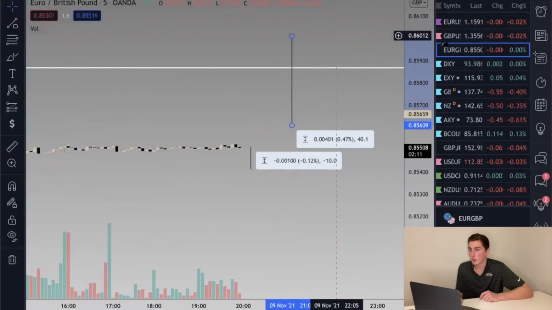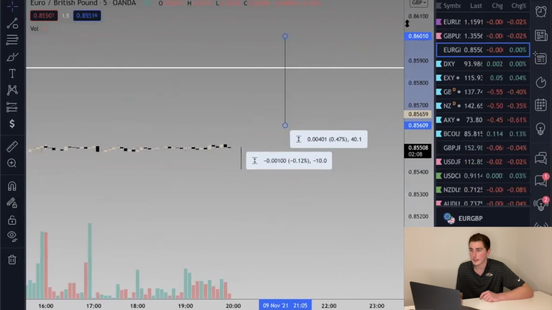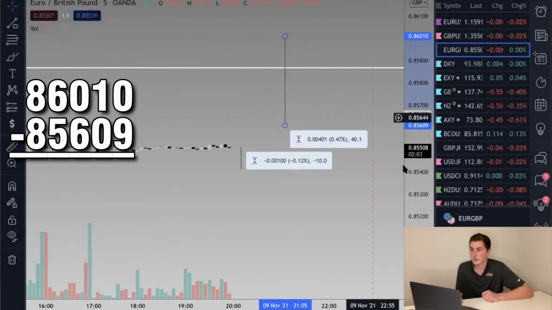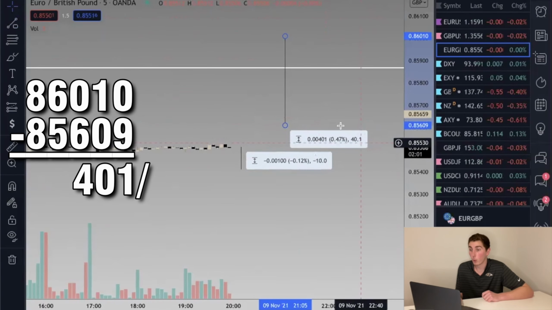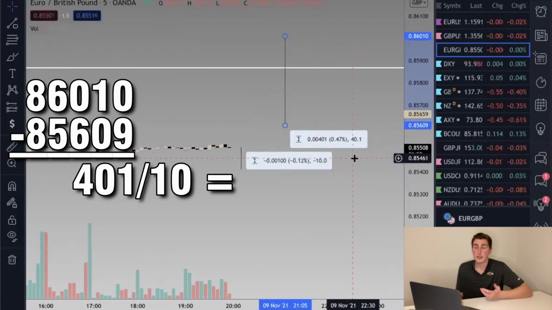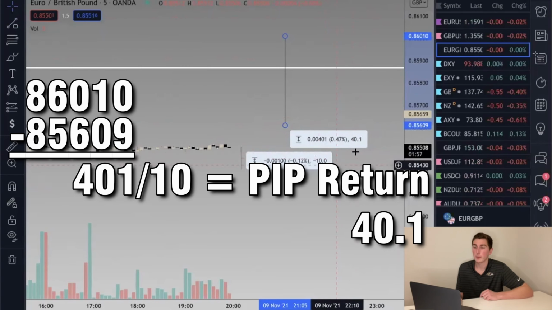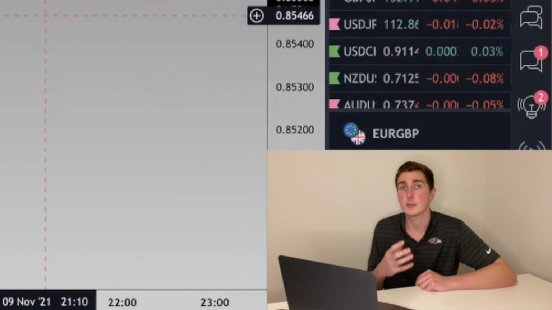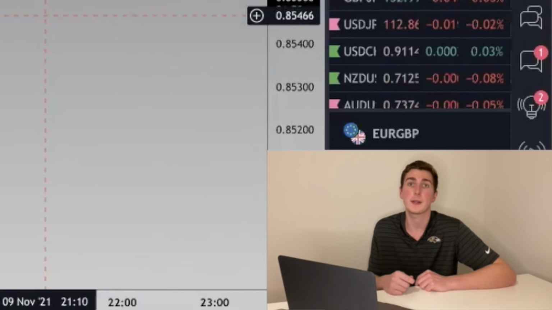And how you can more easily identify this is by taking 86,010 minus 85,609. You're going to get that 401 that you then divide by 10, and then you'll get your 40.1 pip movement. So that's extremely important for you guys to understand, is how to calculate pips. It's always the first thing that I teach someone coming into the foreign exchange market, is how do I tell the amount of pips per trade gained or lost.